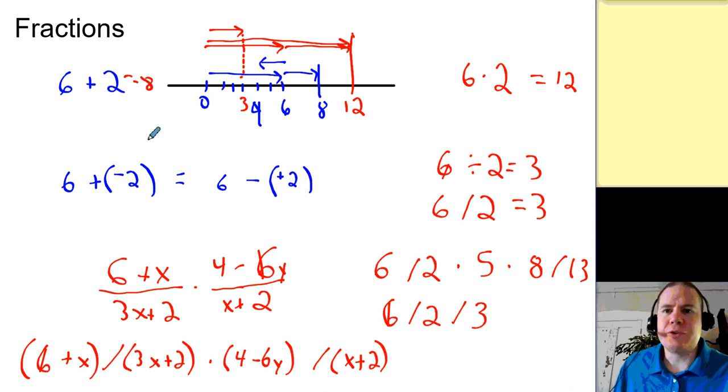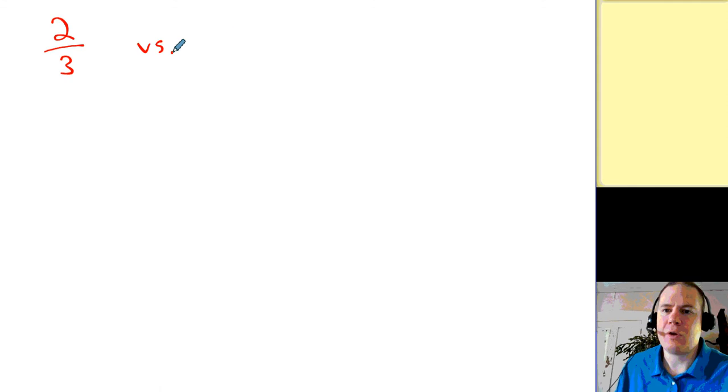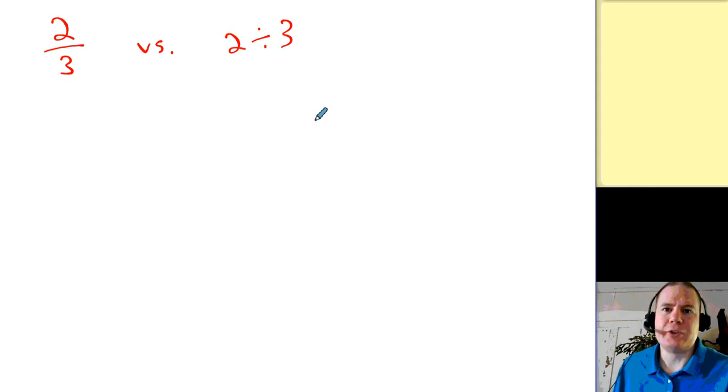The other reason we care about how we write our division is because there's a difference in how we understand numbers like this versus this. And there's some historical situations going on here. In this problem, what we see is two discrete numbers.